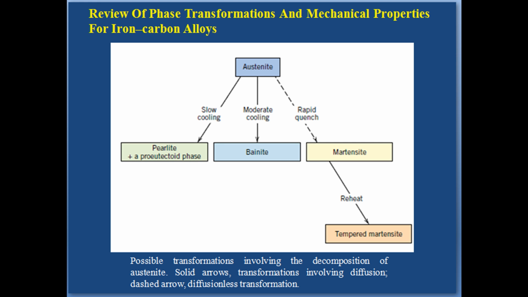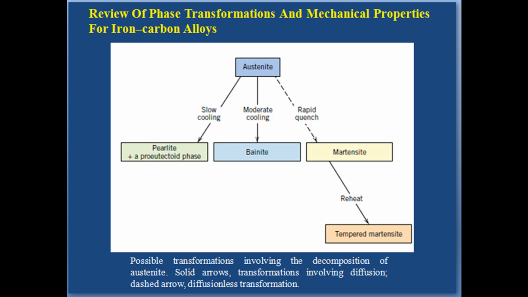Now we will move further with the next, that is bainite. Because bainitic steels have a finer structure, they are generally stronger and harder than pearlitic steels, yet they exhibit a desirable combination of strength and ductility.